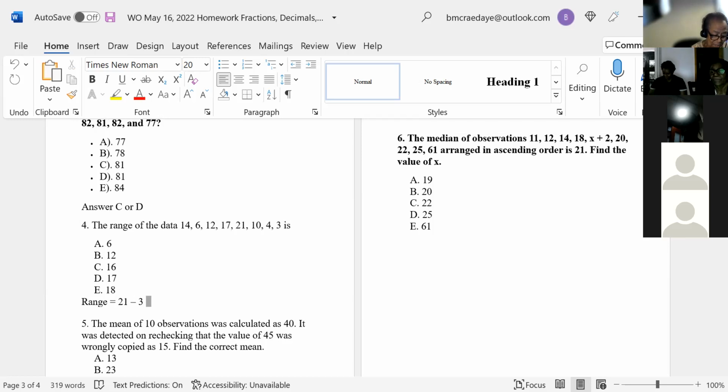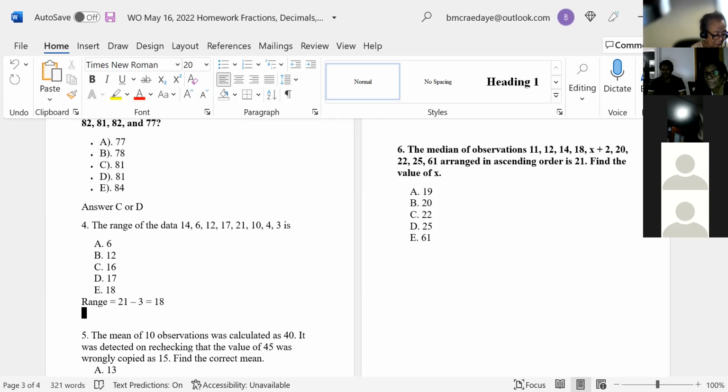Okay. So what's that equal to, Michelle? That is equal to 18. And so that's answer what? E. That's right. So how did you get 17? I think I was doing the mode.